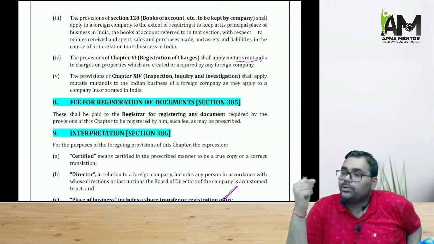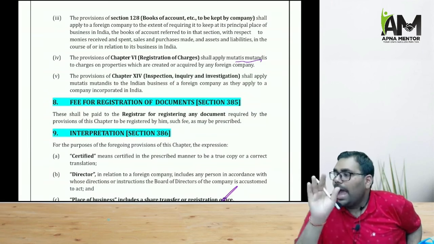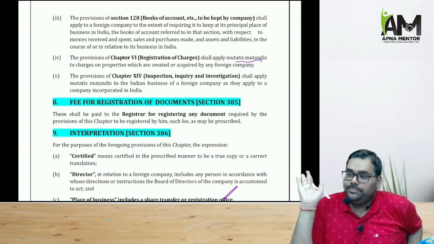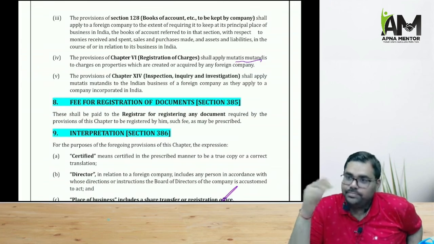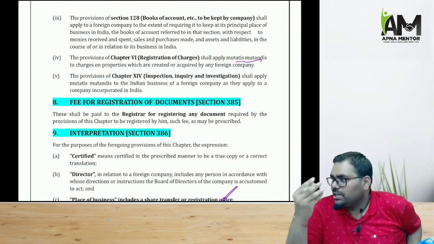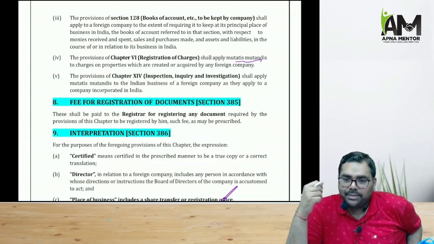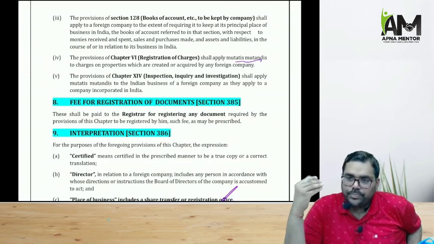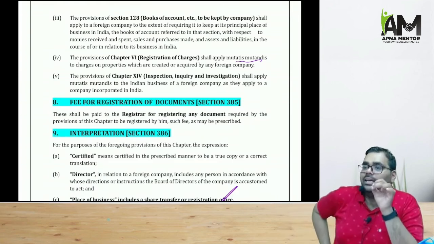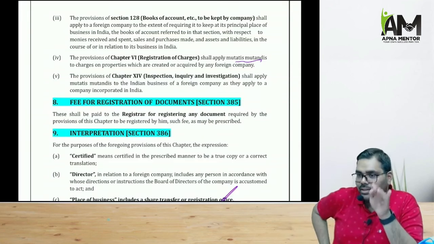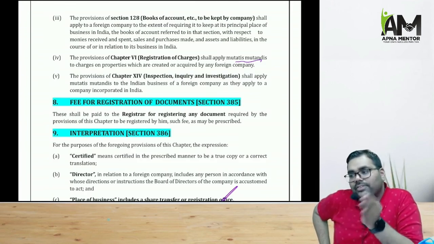So mutatis mutandis means applicable in the same manner, with or without modification.